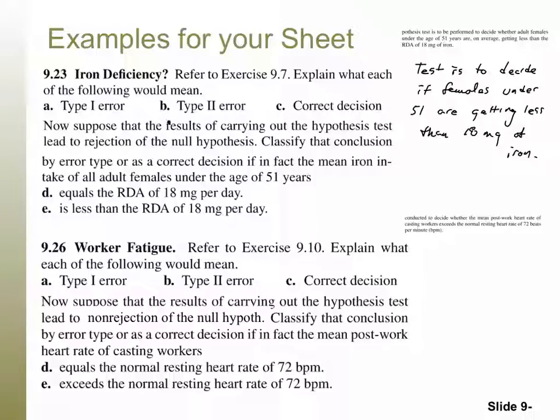We're just going to do the first one, for time's sake. Just going to do 9.23 on your sheet. The test was to determine if females under 51 are getting less than 18 milligrams of iron.